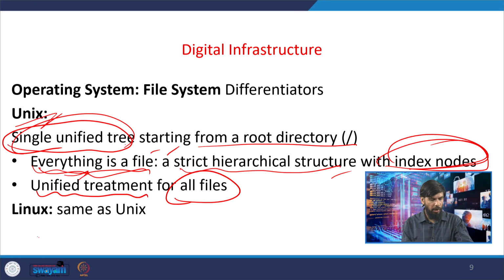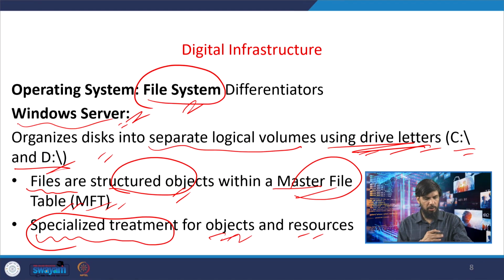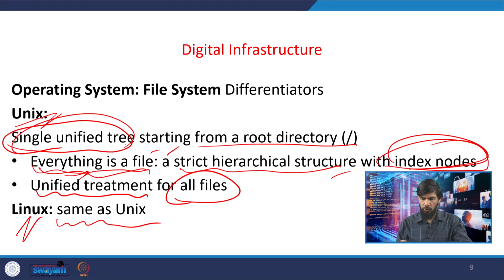And if we look at Linux, that is pretty much the same as Unix, right. So whether Unix or Linux, in terms of file system, they behave the same way, and a single unified tree approach is followed here, right. While Windows Server is more likely to follow a specialized approach, right. And the root directory is expressed as a forward slash.